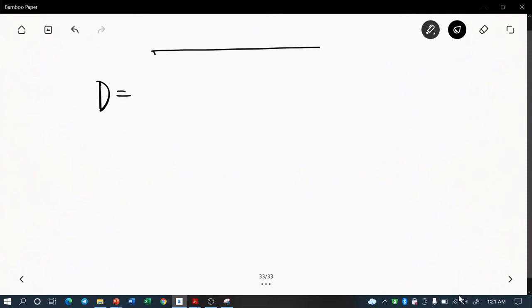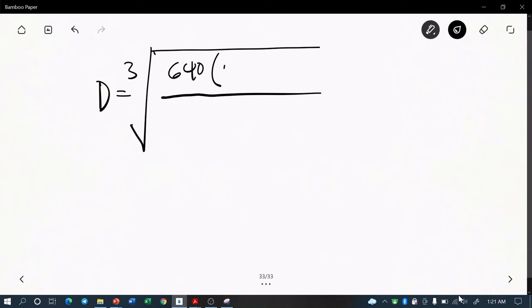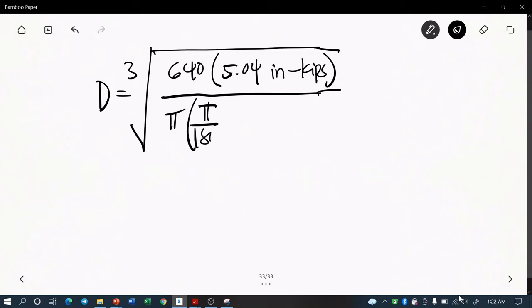Okay, so we can now plug in the remaining values into the expression for the diameter. So we can now solve for the diameter: 640 times the torque, which is 5.04 inch-kips, over pi times pi over 180 times the modulus of rigidity, which is 11.3 times 10 to the power of 3 kips per inch squared.